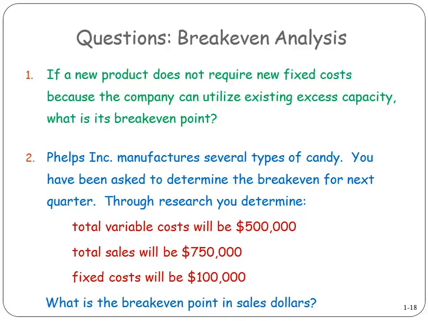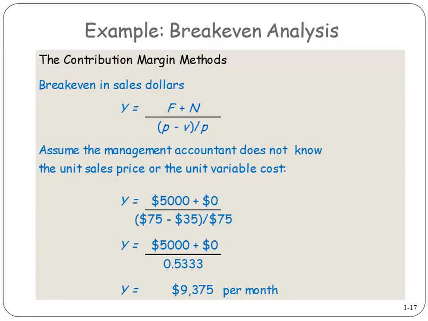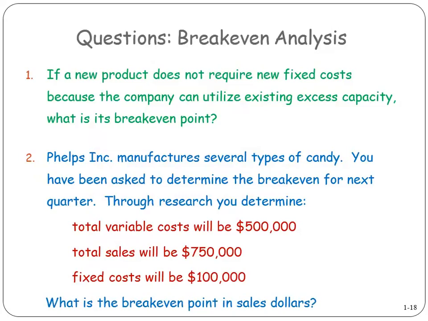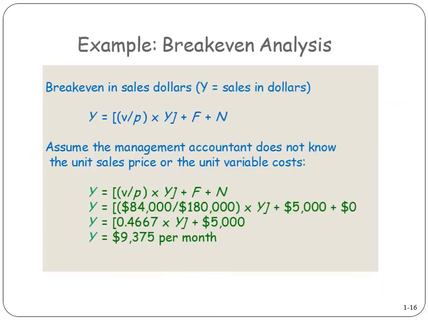We don't have quantity information. So this is the formula you'll be using. V is variable cost, P is sales price.